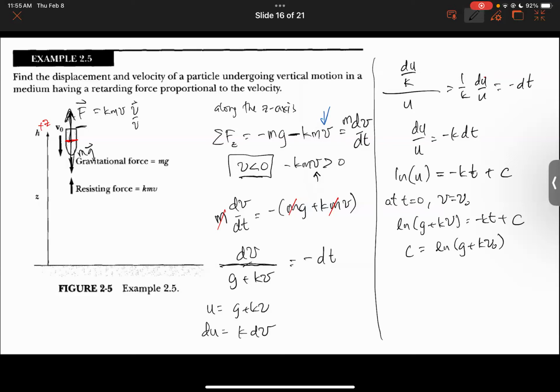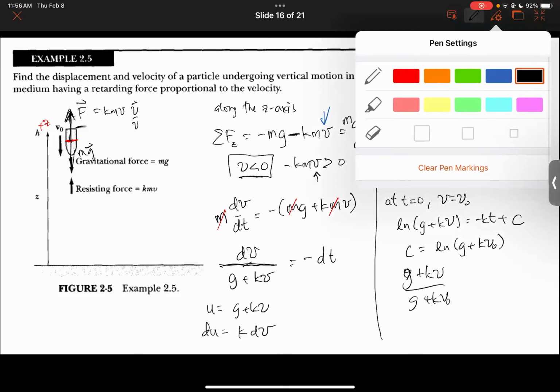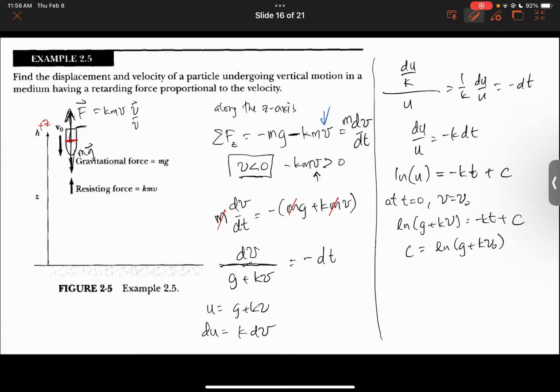Sige, tignan natin kung saan ito pupunta. ln ng g plus kv is equal to minus kt plus ln ng g plus kv naught.